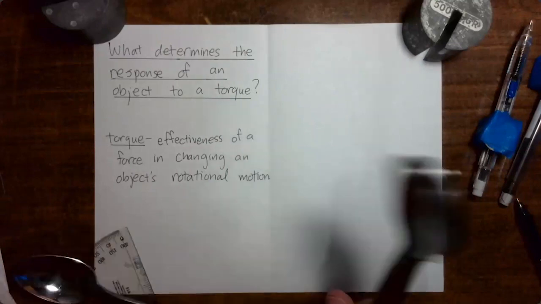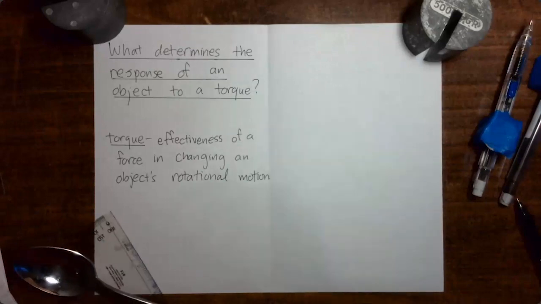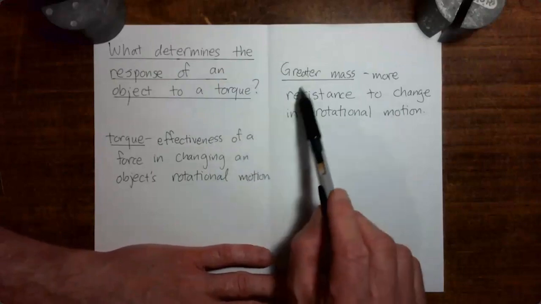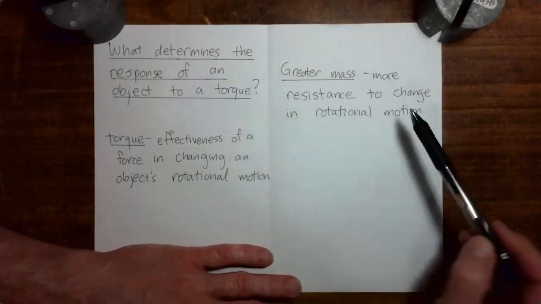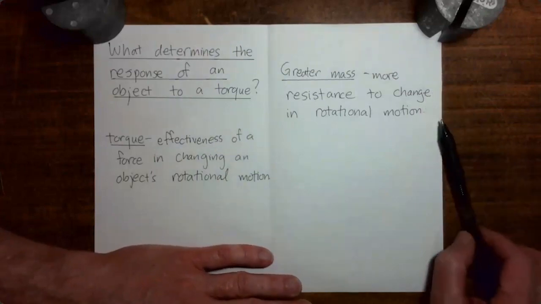The stack of spoons has more mass than a single spoon, and a greater mass will be more resistant to changes in its motion. In particular, a greater mass will tend to be more resistant to changes in its rotational motion. So the experiment with the spoons tells us that an object with greater mass will have more resistance to change in its rotational motion.